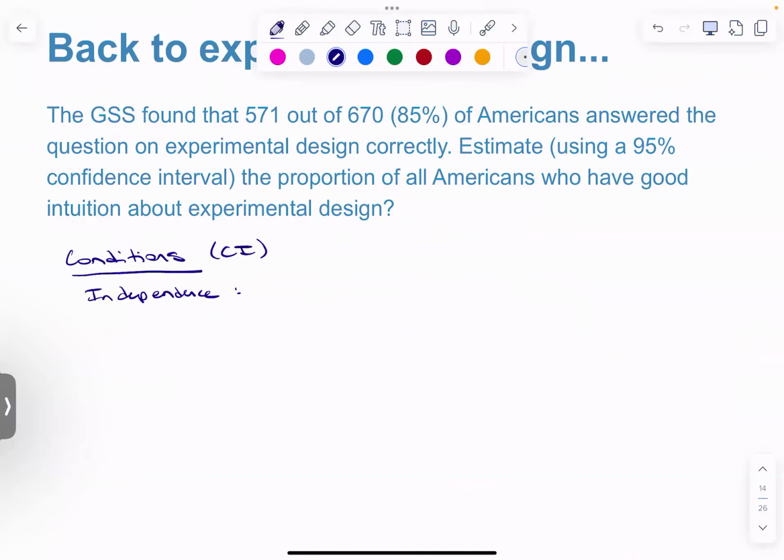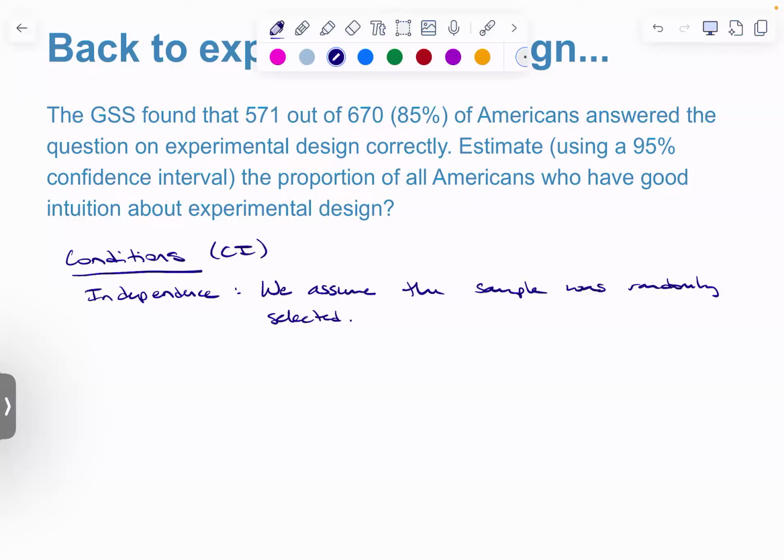So here we assume the sample was randomly selected. It's also reasonable to say that n equal to 670 is less than 10% of all Americans.